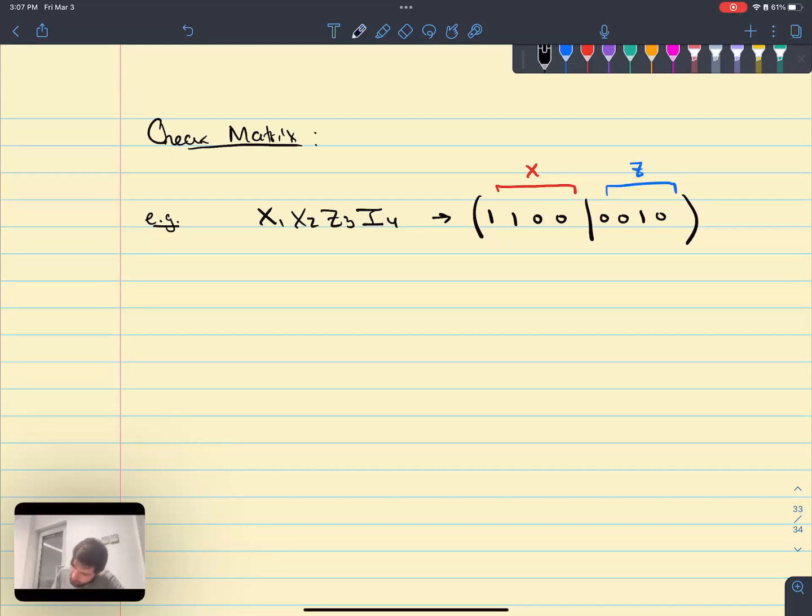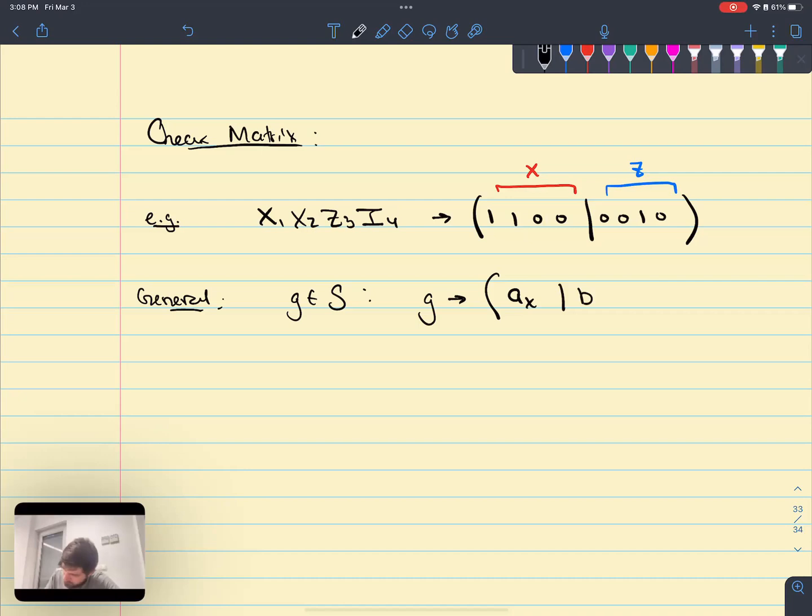In general, if I want it to be an element of a stabilizer group, then I will be able to write it in the following way. G will be mapped to some bit string on the X part, A, and B for Z. And how many bits do I have on each?